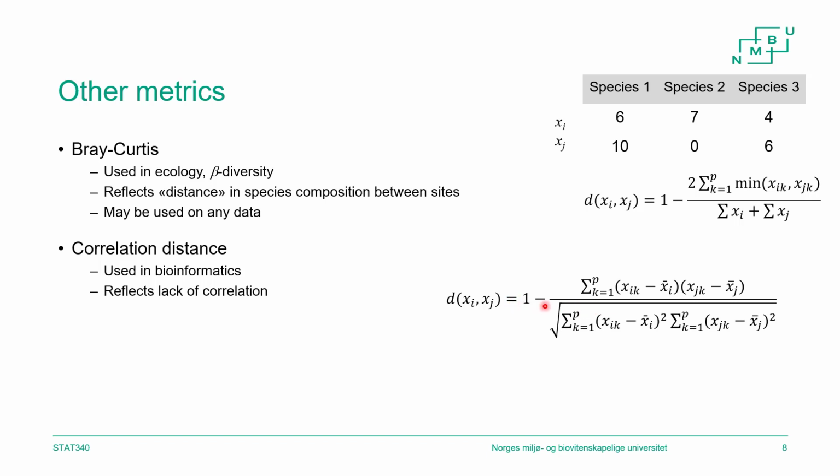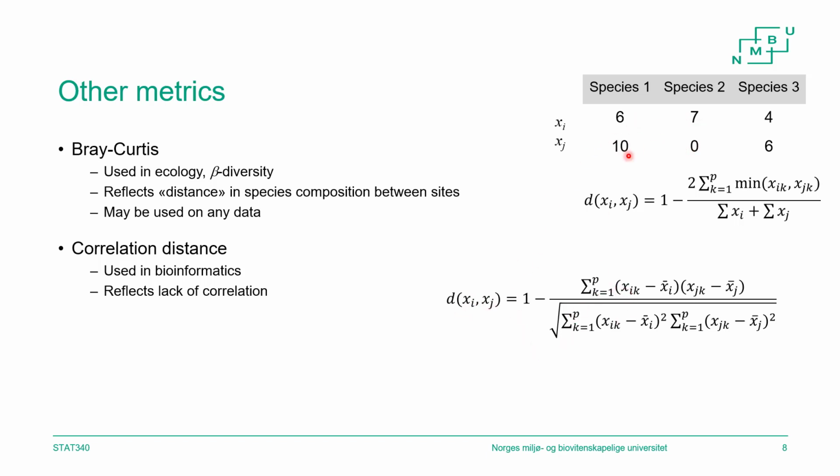So it means that if two rows are correlated, and again, if they are identical, they are also correlated, then you will have a correlation of 1, and 1 minus 1 is 0. Right? So the distance becomes 0 if the rows are identical.